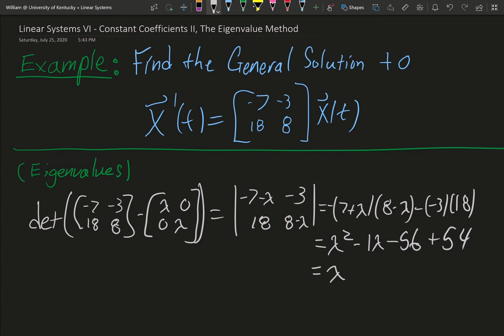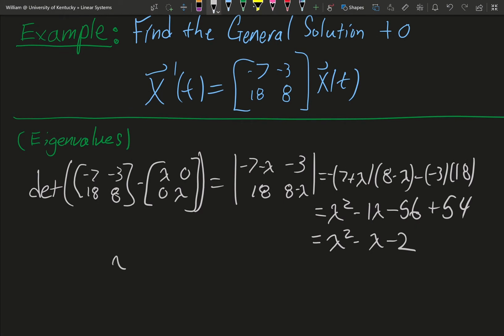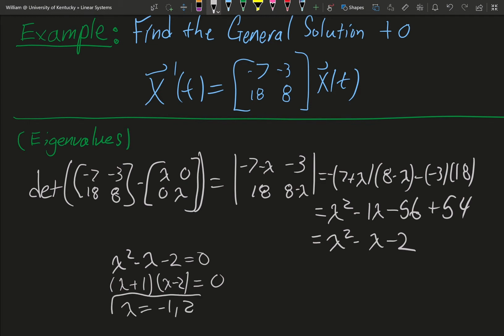And I have lambda squared minus lambda minus 2. I set that now equal to 0. This one factors pretty easy: lambda plus 1, lambda minus 2. And so my roots are -1 and 2.